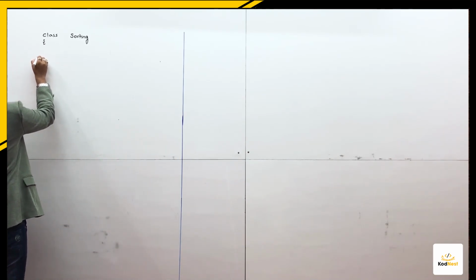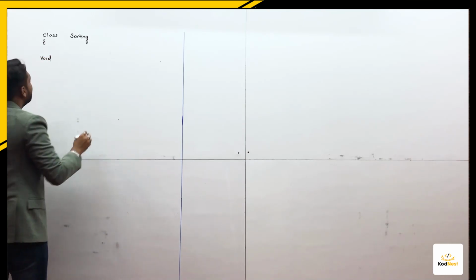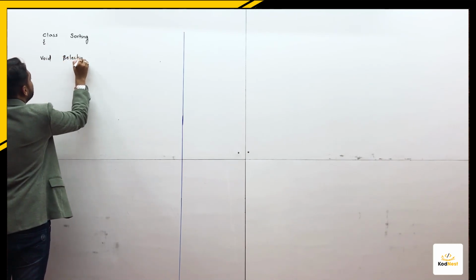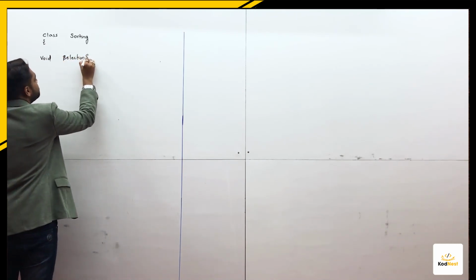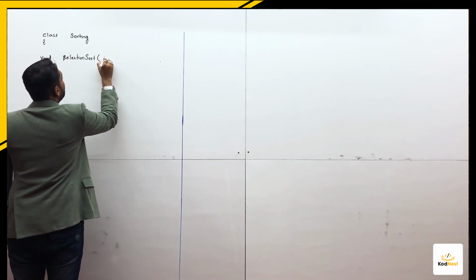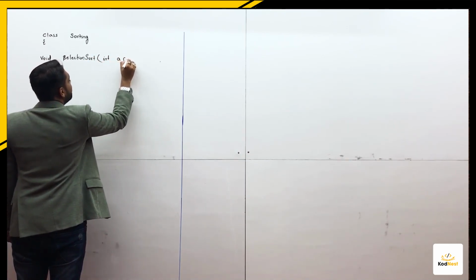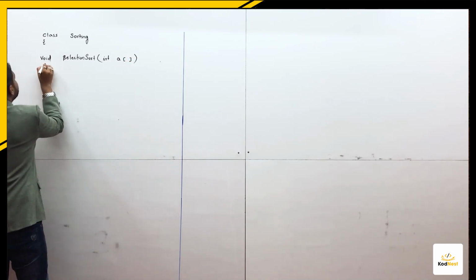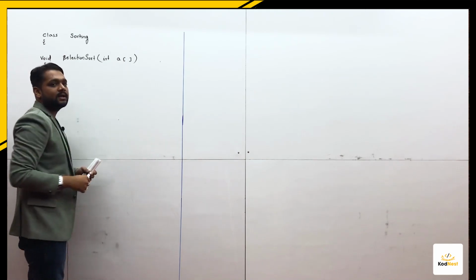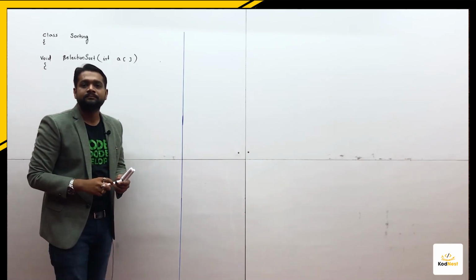Watch it. I have one method which would return nothing and which would have a name called selection sort and which would accept one integer array A as the parameter. Done. A is an array of integer, it is integer array A. That is what would happen.